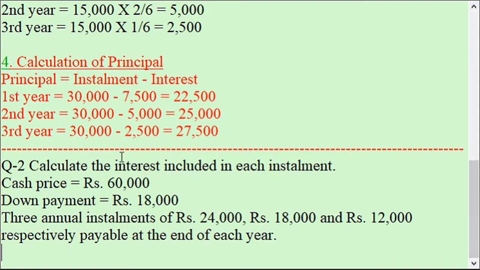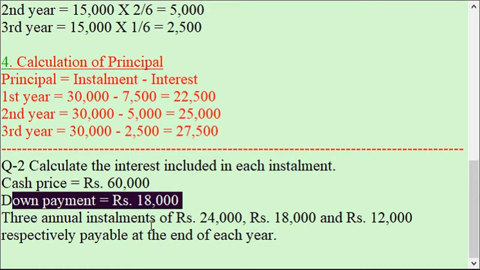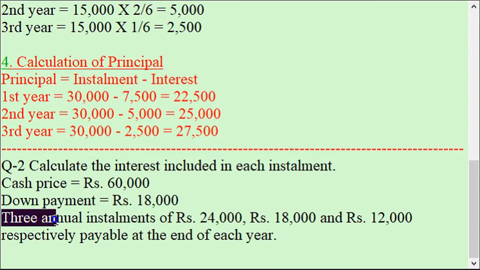This is the question given to you. You have to calculate the interest component which is included in each installment. Cash price is rupees 60,000. Means if you want to purchase this asset by paying cash, not through the installment system, you have to pay 60,000 and get the product. If you are going through the hire purchase system, you have to make a down payment of 18,000 and make 3 annual installments of rupees 24,000, 18,000 and 12,000.